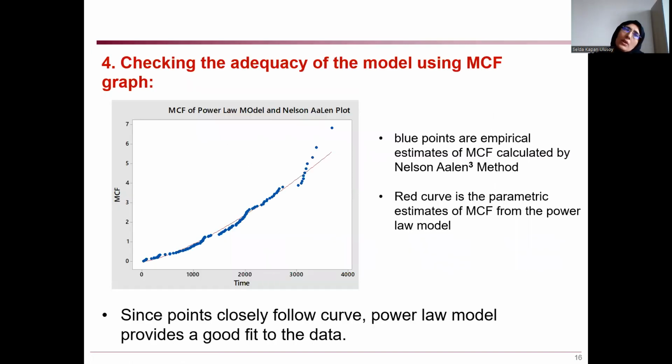In the fourth step, we have to check the adequacy of our model. First, we looked at the MCF graph estimated from the model and the non-parametric estimates. So here you see the graph. On the graph, blue points are empirical estimates of the MCF, the mean cumulative function, which, as I said, gives you the mean number of failures per system as a function of time.